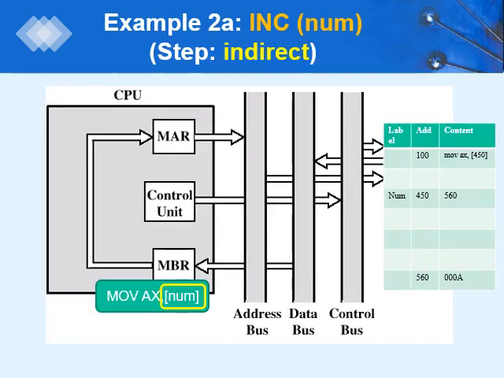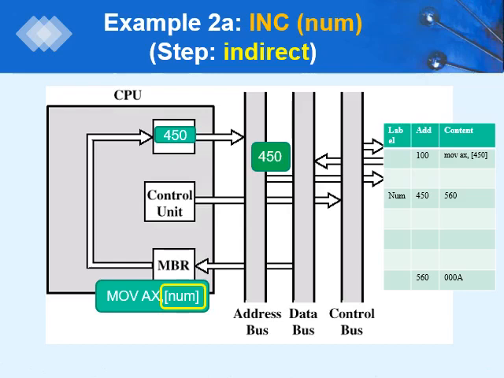Once an instruction is fetched, the next step is to fetch the source operand. But because the source operand is an indirect address, there's another subcycle, indirect addressing. So the address field of the instruction, which is num, is transferred to MAR, which is 450. This is then used to fetch the address of the operand.